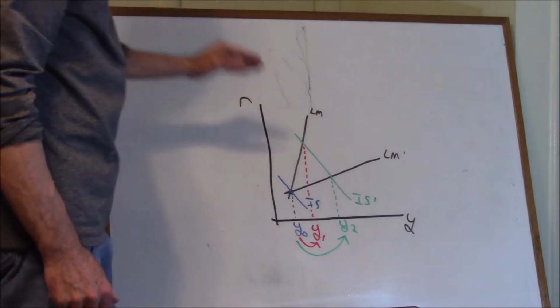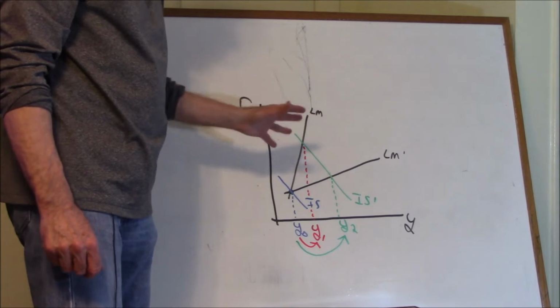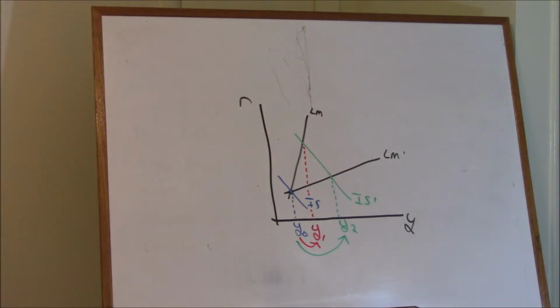The fiscal policy stimulus is going to drive interest rates up, right? I mean, one way or the other, if this is the way the world works, and it's not, but if this is the way the world worked, then the fiscal policy stimulus is going to drive interest rates up. We would prefer that it didn't drive them up that much, all right?